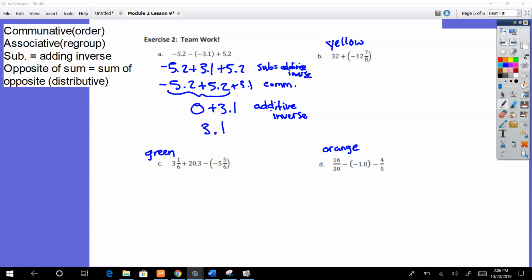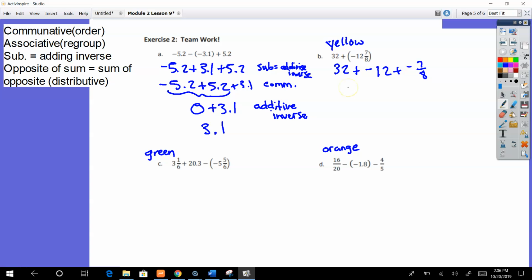Okay, so let's see. The first thing I would do in this, 32 plus a negative 12 plus negative 7/8: 32 plus a negative 12. I'm subtracting because they have different signs, and I'm going to have a positive answer.